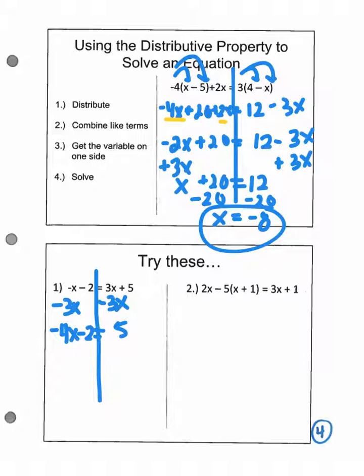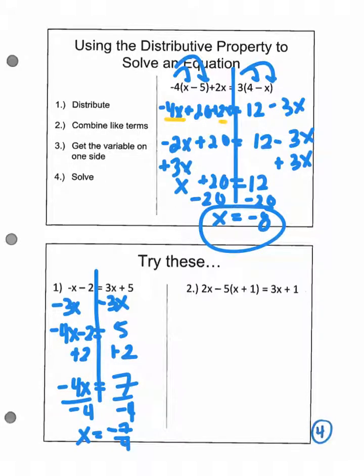And then I want to get the constants to the other side, so I add 2, giving me -4x equals 7. And I divide by -4, which gives me a fraction, -7/4, or if you wanted to write it as a decimal, that would be -1.75. It's totally fine to get a decimal for these problems.